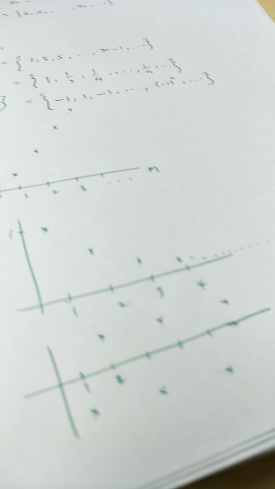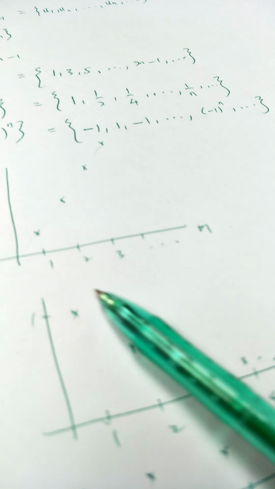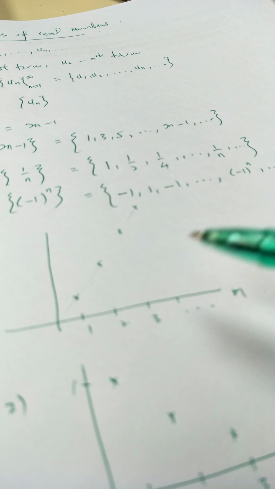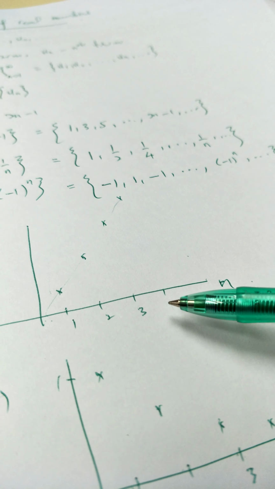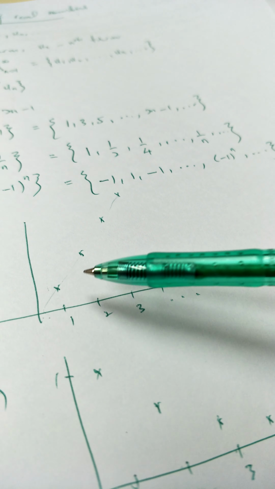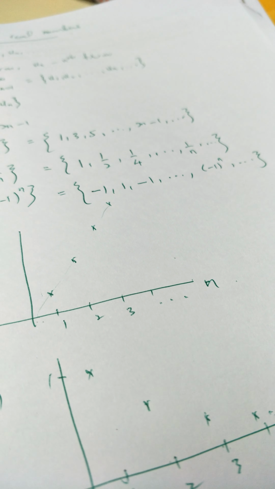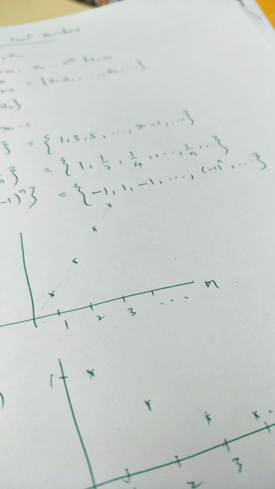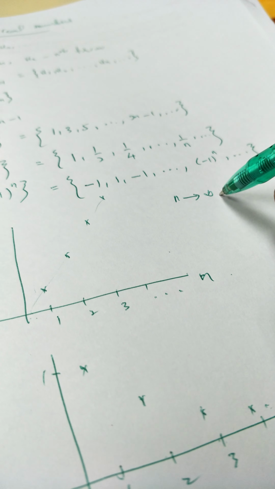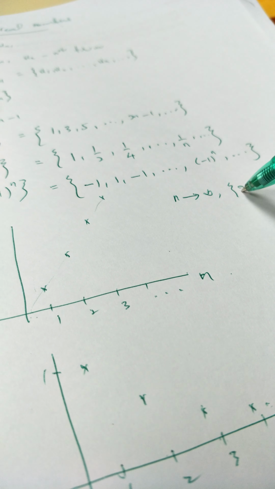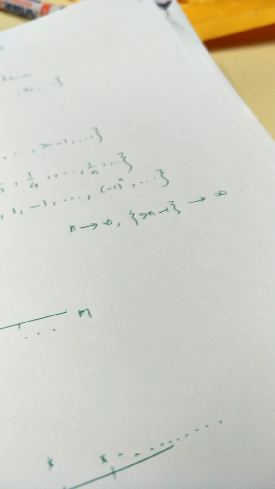If you look at the first example here, we can see clearly that as n goes to infinity, this sequence keeps growing, getting bigger and bigger. As n goes to infinity, 2n minus 1 goes to infinity as well.